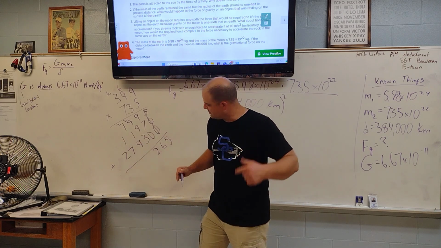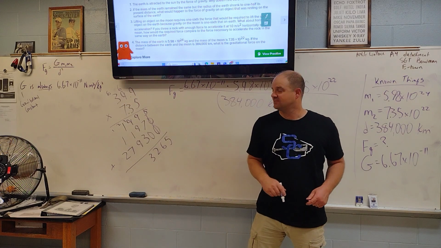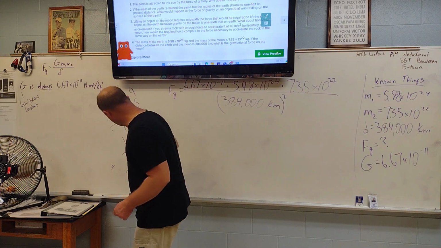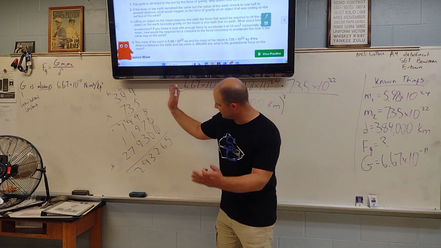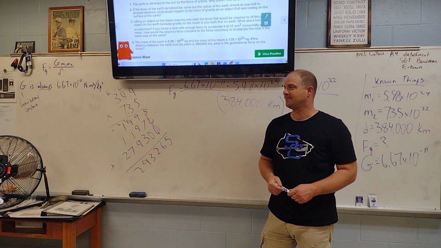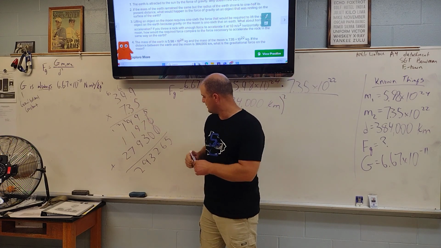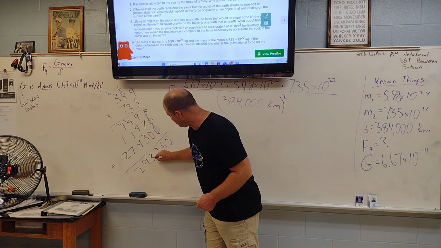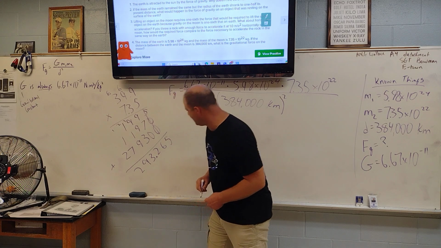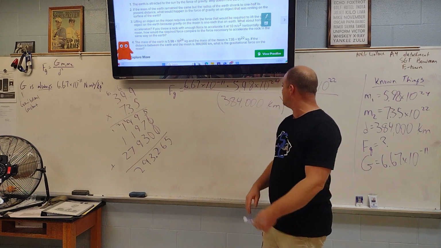And 9. 1 and 1 and 7. And 2. How many decimal places? 3: 1, 2, 3. 293.265. Could we put that in?